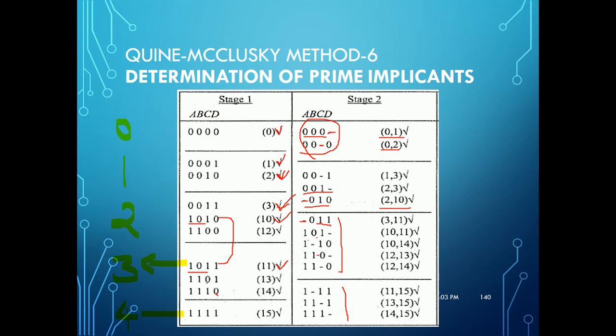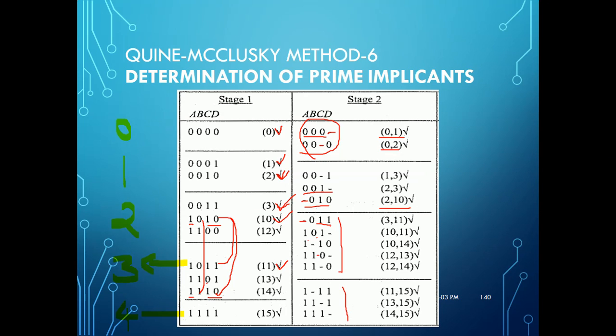So 10 is combined with 11, 14, 13. 10 can be combined with 13, not possible. 10 can be combined with the 14. Okay, that's what you have to see here. It can be combined, can be done. So just take which are the terms which you are going to combine here. 1 0, this one here, 1 1 0, and so 0 changes to 1, that can be written as dash.